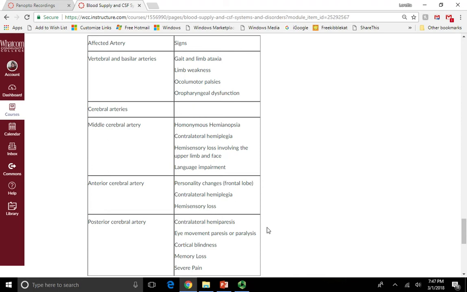The hallmark symptoms for middle cerebral artery are language impairment and homonymous hemianopsia. Those don't show up with the other things. So if I said someone had a stroke, these are their symptoms, blah, blah, blah, and they included language impairment or homonymous hemianopsia, you know it's a middle cerebral artery stroke.